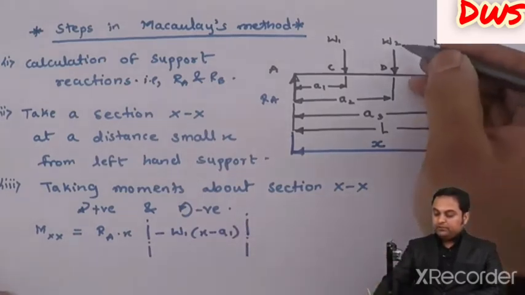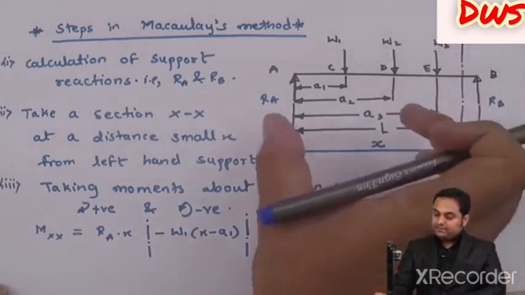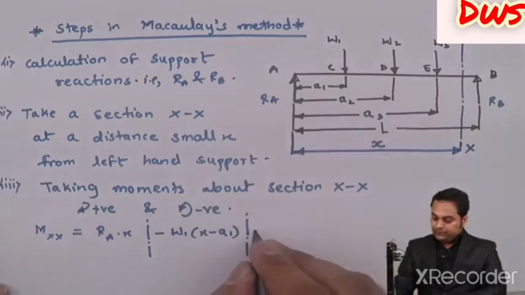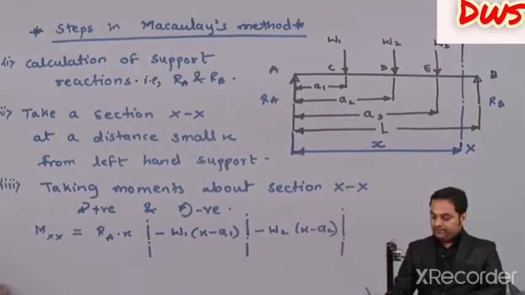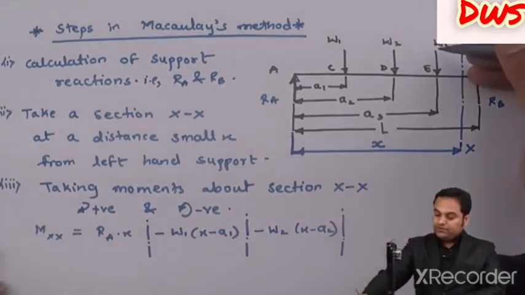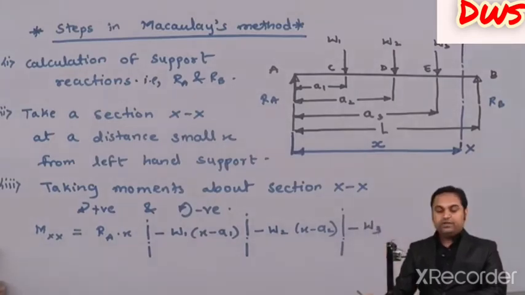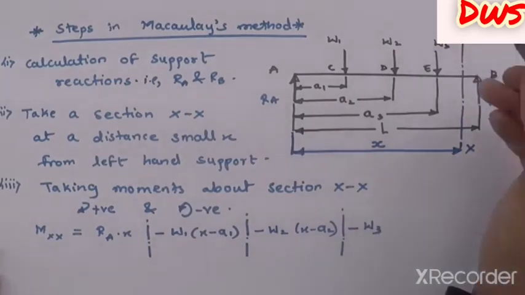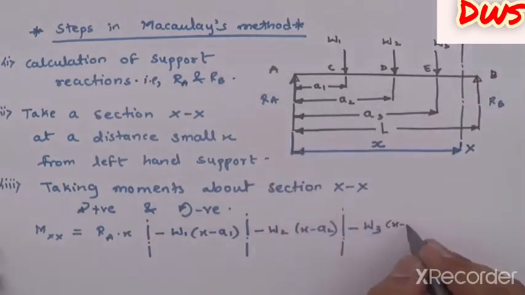Next, W2 is also producing anti-clockwise moment, and the distance between section XX and W2 is x minus A2. So it is minus W2 into x minus A2. Then W3 is producing anti-clockwise moment, so again negative, minus W3 into x minus A3, the distance between W3 and section XX.